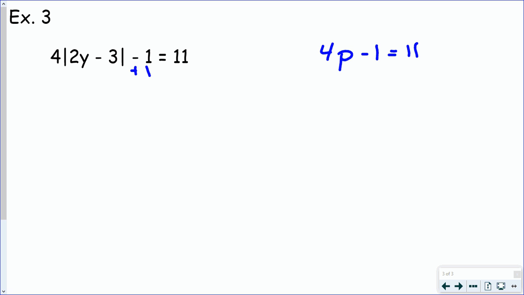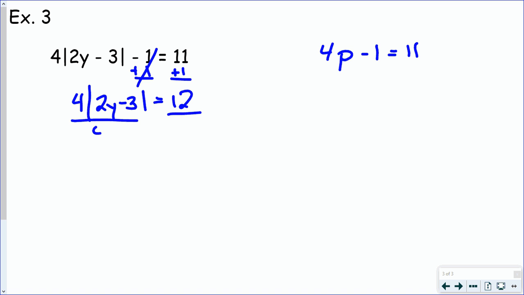Let's add 1 to both sides. So 4 times the absolute value of 2y minus 3 equals 12. Now I want to get rid of the 4, so I divide by 4. Those cancel out. I have the absolute value of 2y minus 3 equals 3.